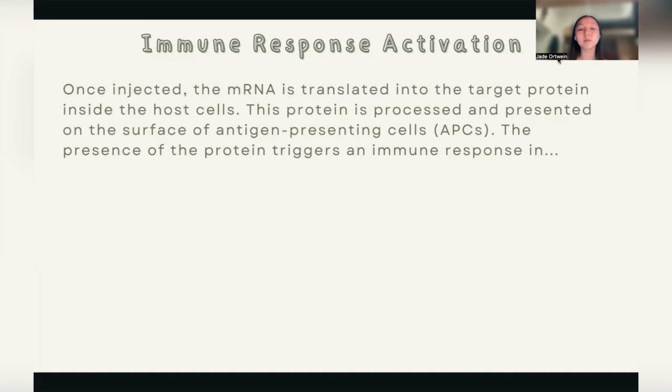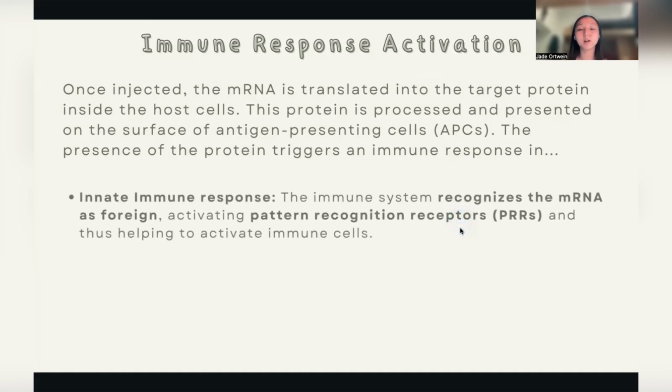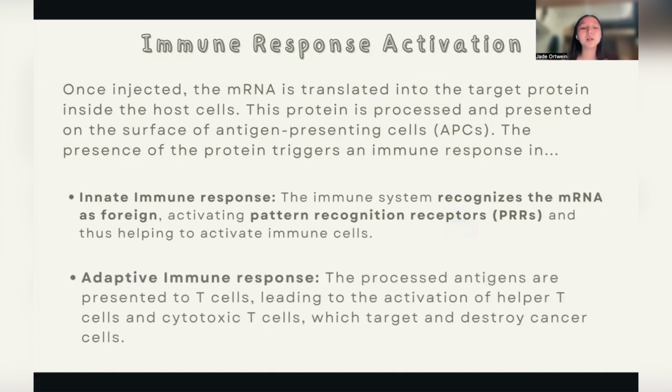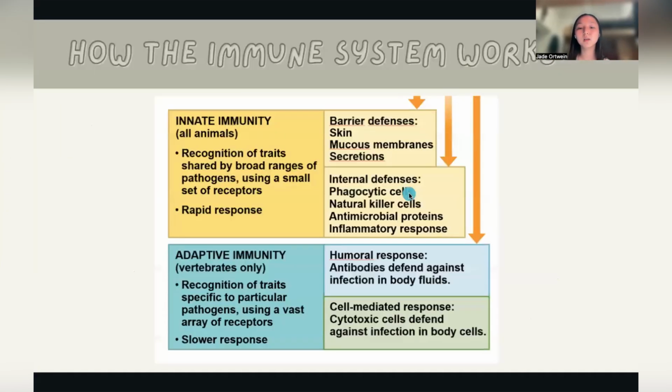And the presence of the protein triggers an immune response in the innate immune response, in which it recognizes the mRNA as foreign and activates the pattern recognition receptors, thus helping to activate immune cells, and also the adaptive immune response, in which the antigens are presented to T cells, which I will further explain later, leading to the activation of helper T cells and cytotoxic T cells, which target and destroy cancer cells.